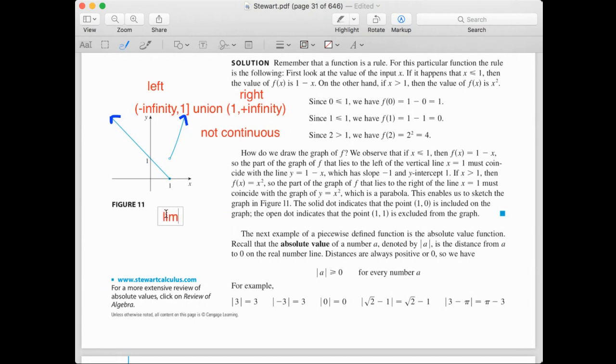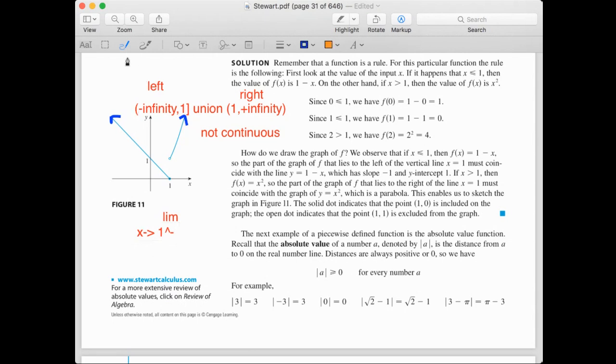For limits, we simplify using just lim. Limit of x, so we'll use x approaches 1 from the left. We put 1 raised by a negative sign.